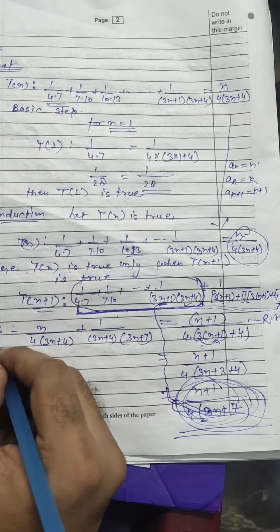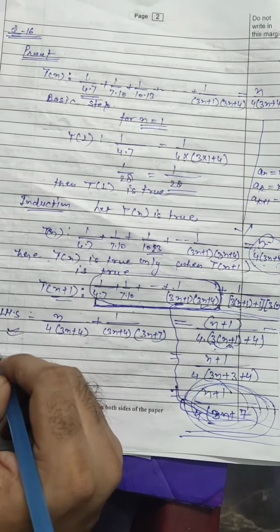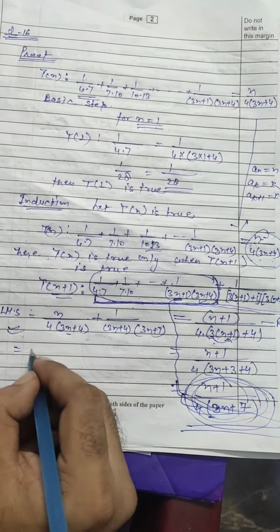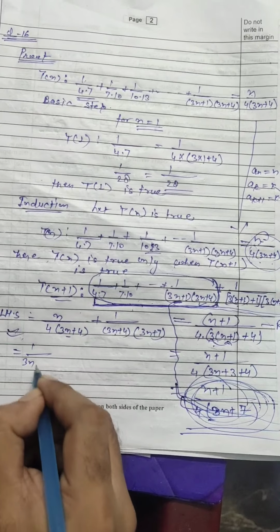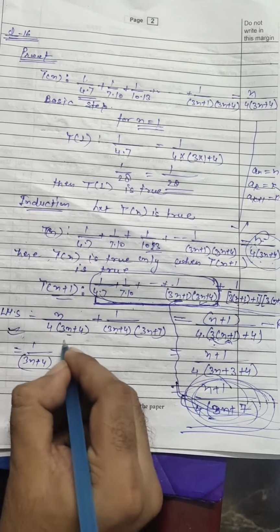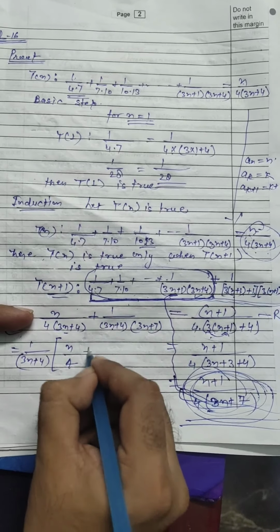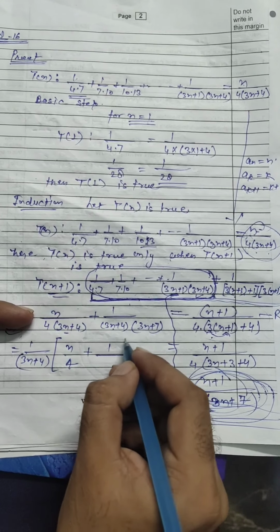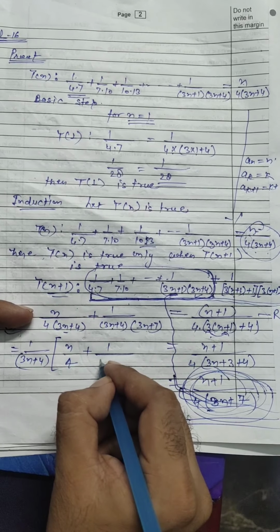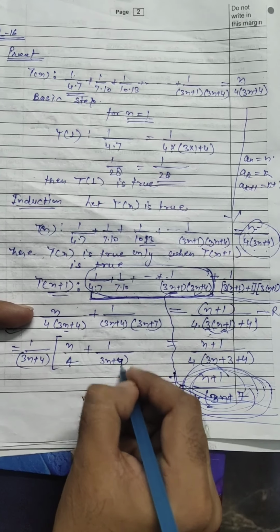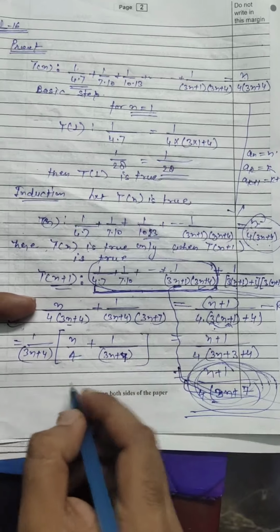So now students, we need to take this LHS. Now 3n plus 4 is common, so we will write the 3n plus 4 here. And now we have n upon 4 plus 1 upon 3n plus 7. Is it clear? Now take the LCM.